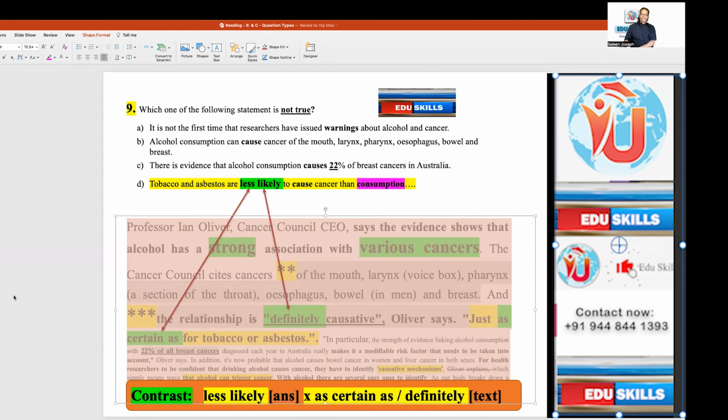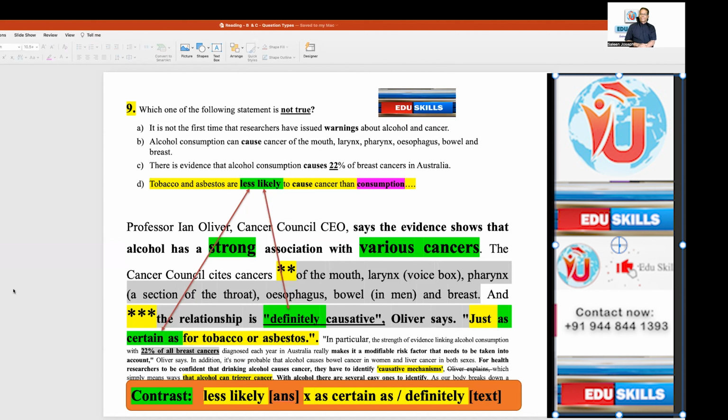Professor Ian Oliver, Cancer Council CEO, says the evidence shows that alcohol has a strong association with various cancers. The Cancer Council cites cancers of the mouth, larynx, voice box, pharynx, a section of the throat, esophagus, bowel, in men, and breast. And the relationship is definitely causative, Oliver says, just as certain as for tobacco or asbestos. In particular, the strength of evidence linking.